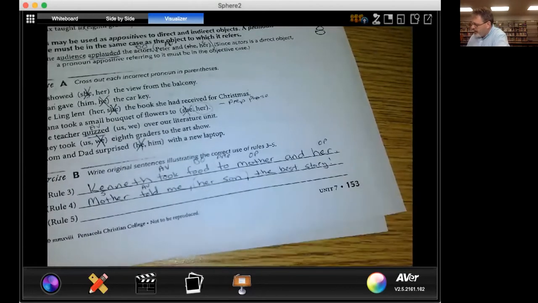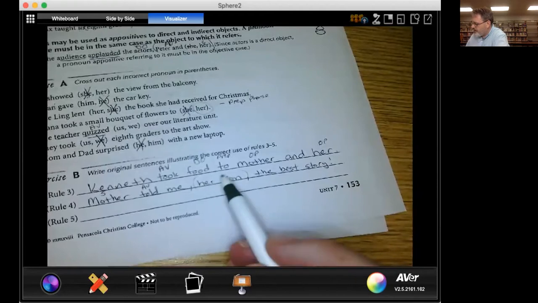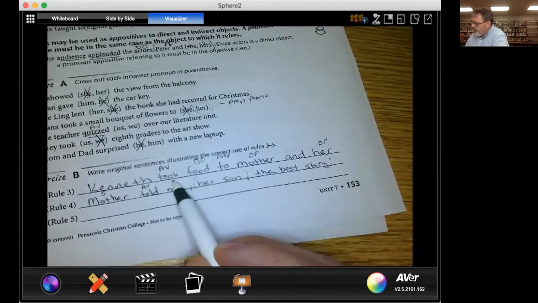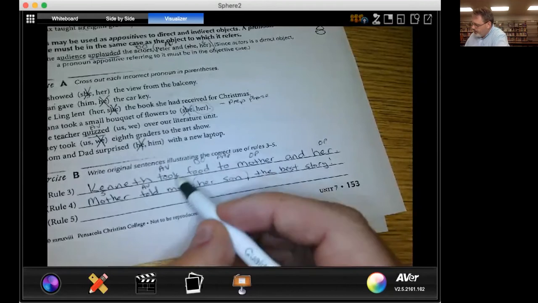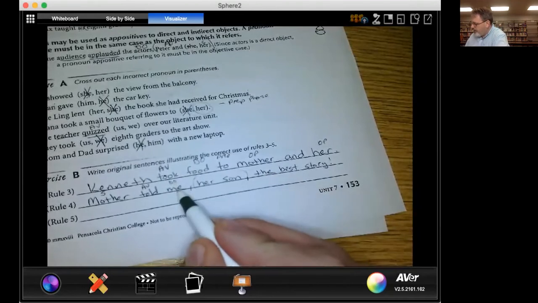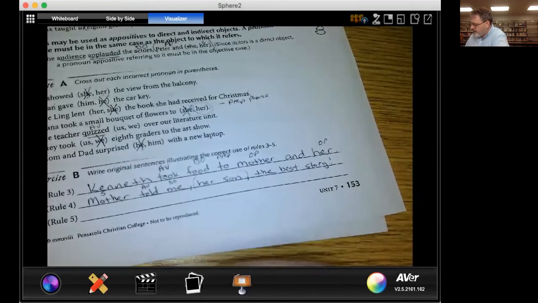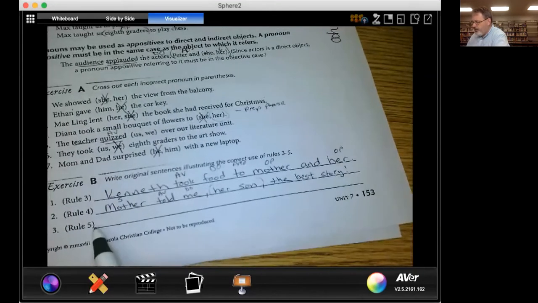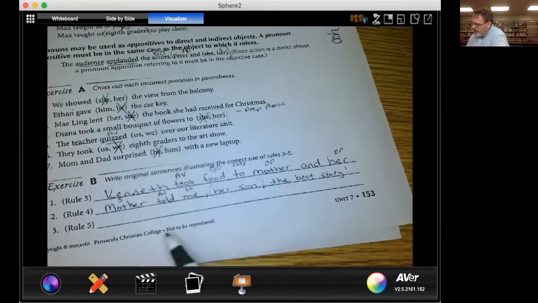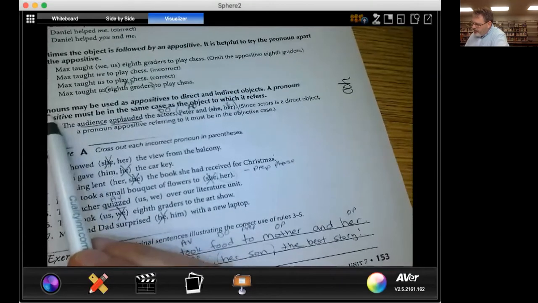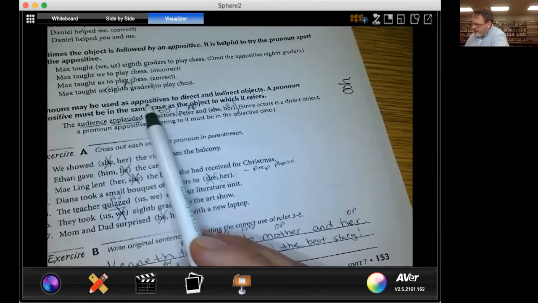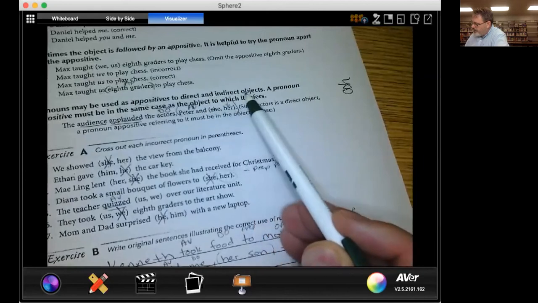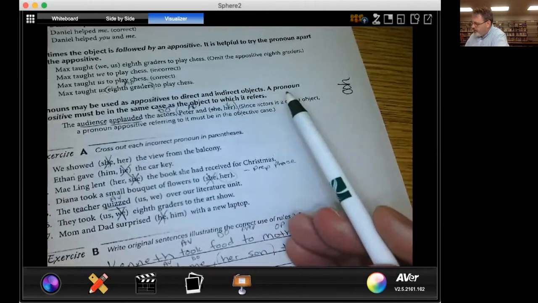Her son is an appositive, making sure that we know really who that pronoun direct object is, or at least who it is related to, mother. Okay, and then rule 5 is just the opposite. In rule 5, the pronoun is the appositive to a direct or indirect object that's not an appositive.